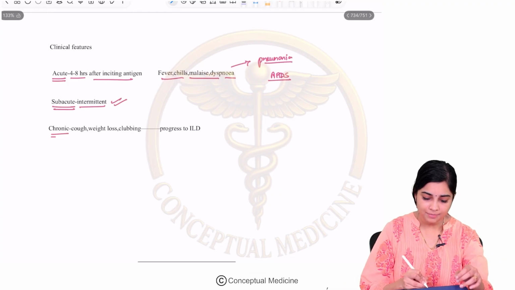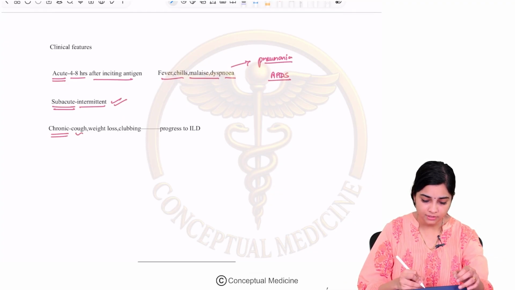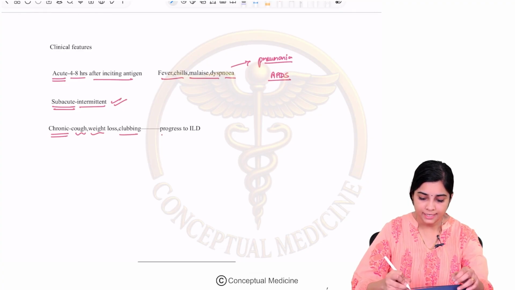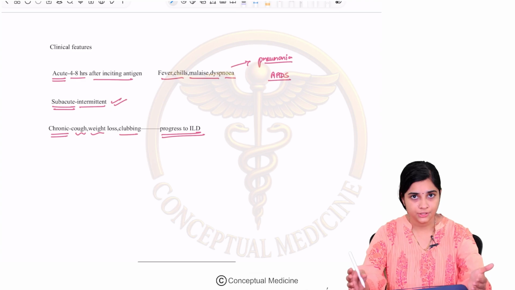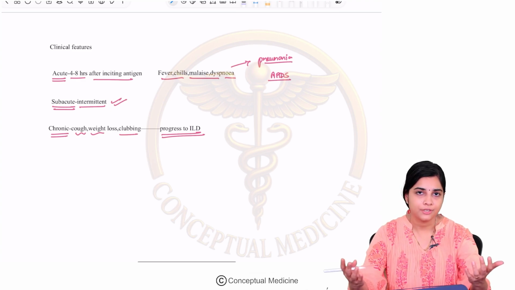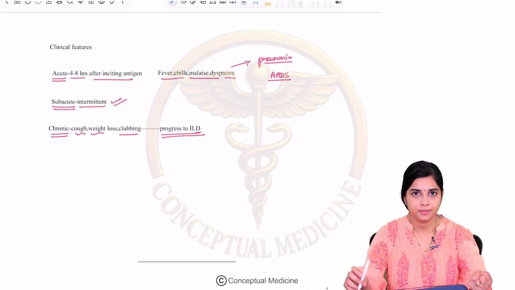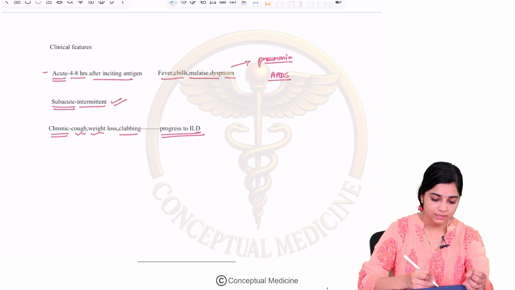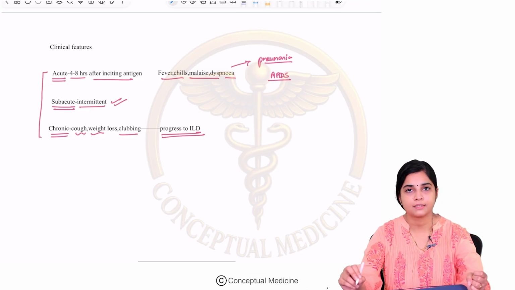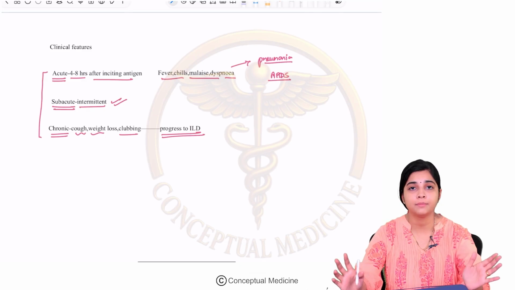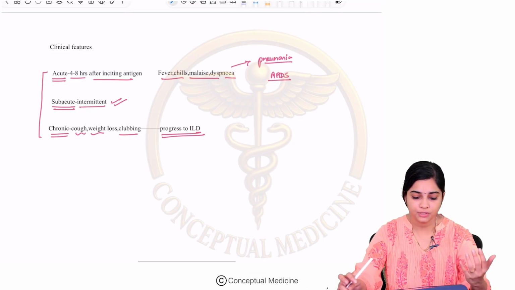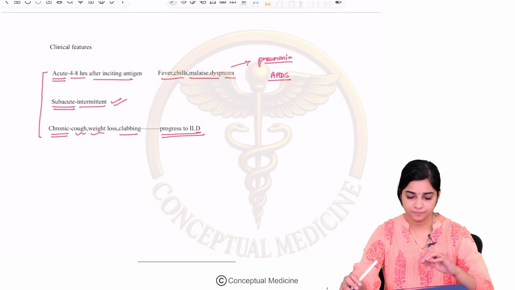In chronic hypersensitivity pneumonitis, it presents with cough, weight loss, clubbing, and over the course of time it may progress to ILD, or interstitial lung disease, and then the evaluation and management is going to be different. Okay, so these are the 3 forms in which hypersensitivity pneumonitis can present: acute, subacute and chronic forms. Chronic forms can mimic interstitial lung diseases with cough, weight loss and clubbing.